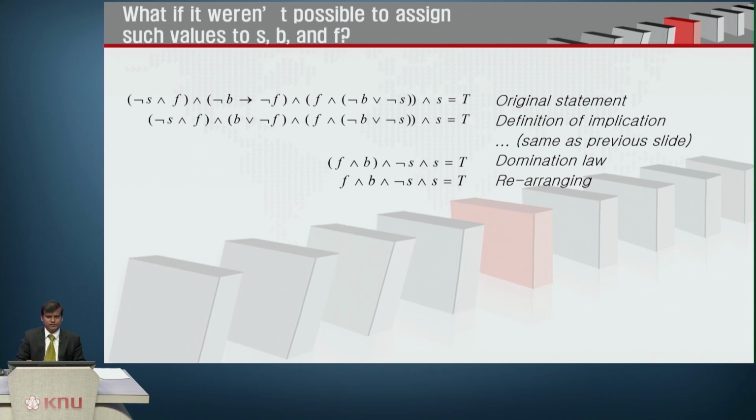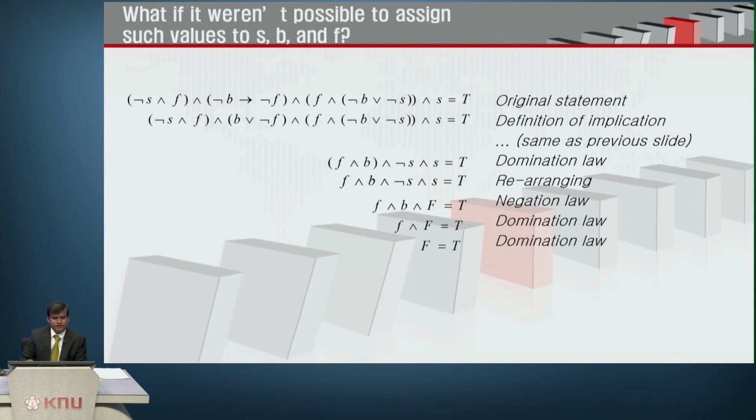We come up with this rearranging part, and finally we come up with statements that can give us some output, but at times it cannot be done as we wished. If we were not able to assign certain values, finally we are at a contradiction. See here, F equals T, that's the contradiction that we are arriving at.